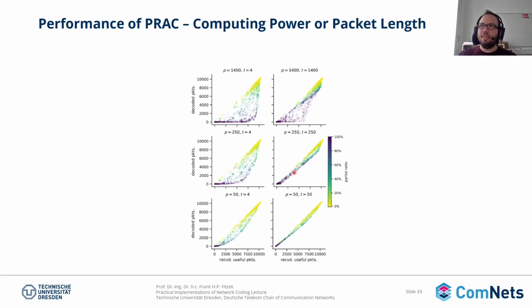If we also increase the computational capacity of PRAC now to 250, then we can decode a lot more packets than in this case. And in the case where we shorten the packets a lot more, let's say P equal 50, so the packets have 50 bytes each, and we correct up to 4 errors or up to 50 errors, we see that we perform a lot better.